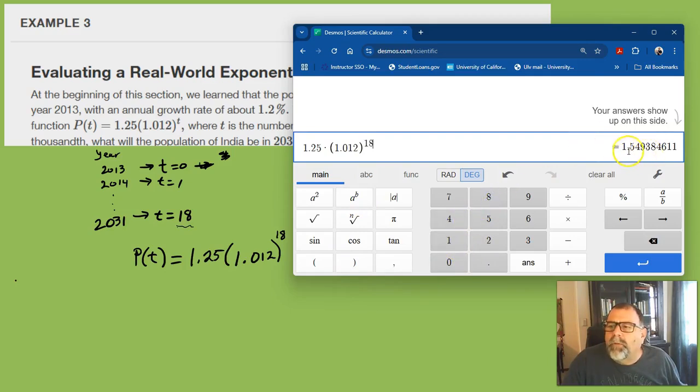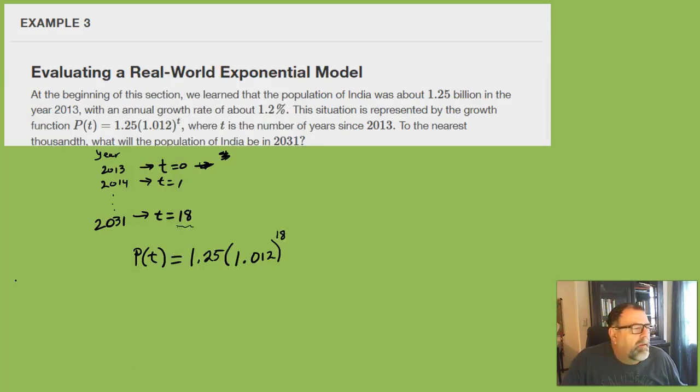Okay, so this is 1.549, they said nearest thousandth. And then you got to remember that that's in billions. So this would be 1.549 billion people in 2031.